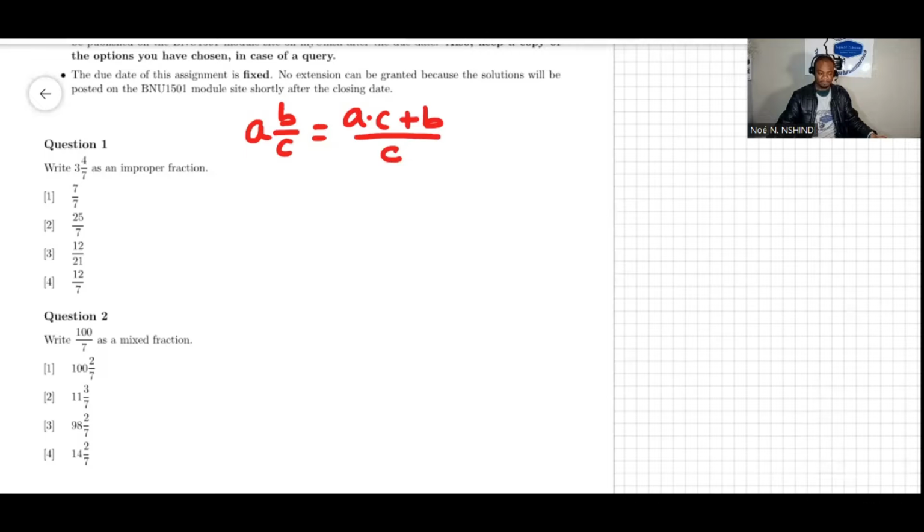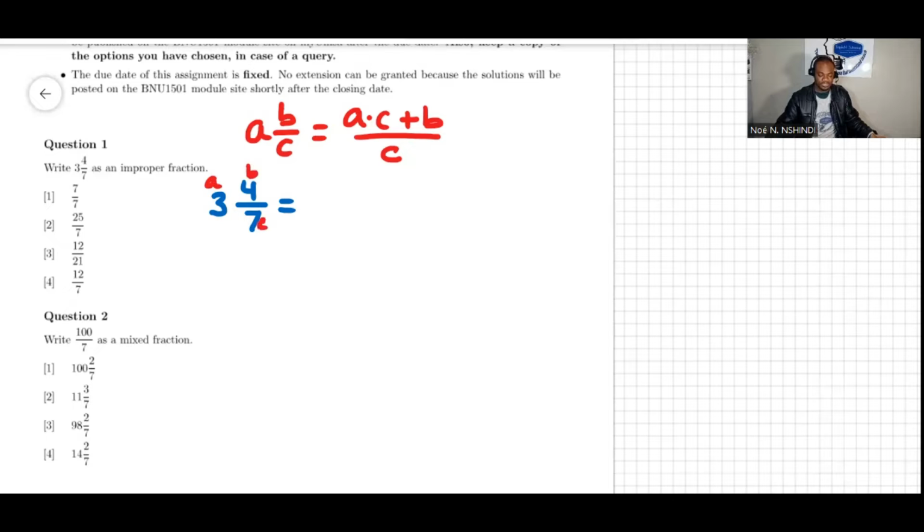So in this situation, we have 3 4/7. Here 3 is a, 4 is b, and 7 is c.